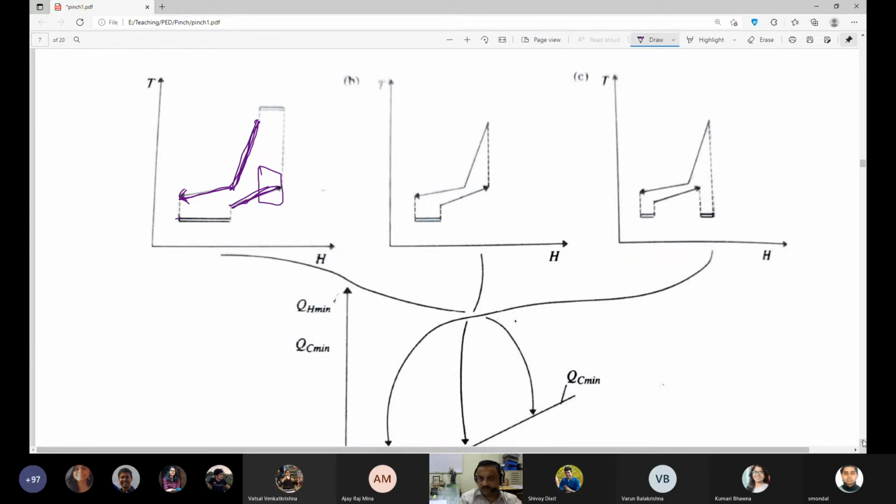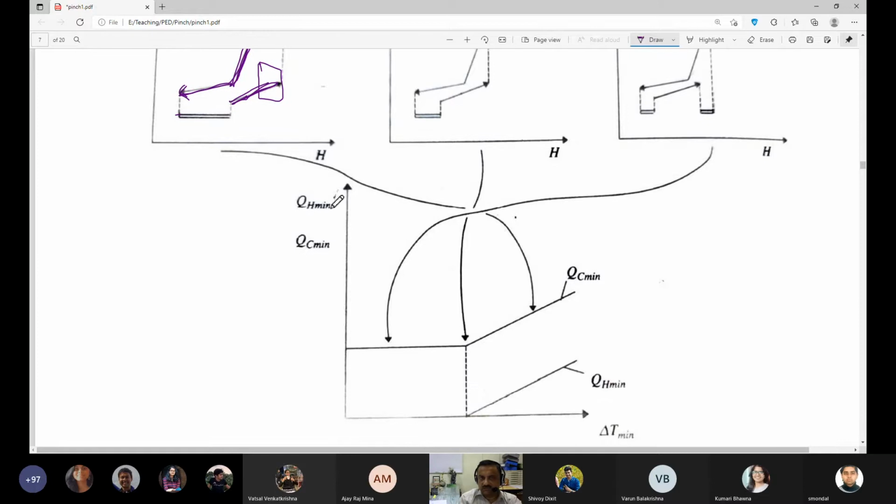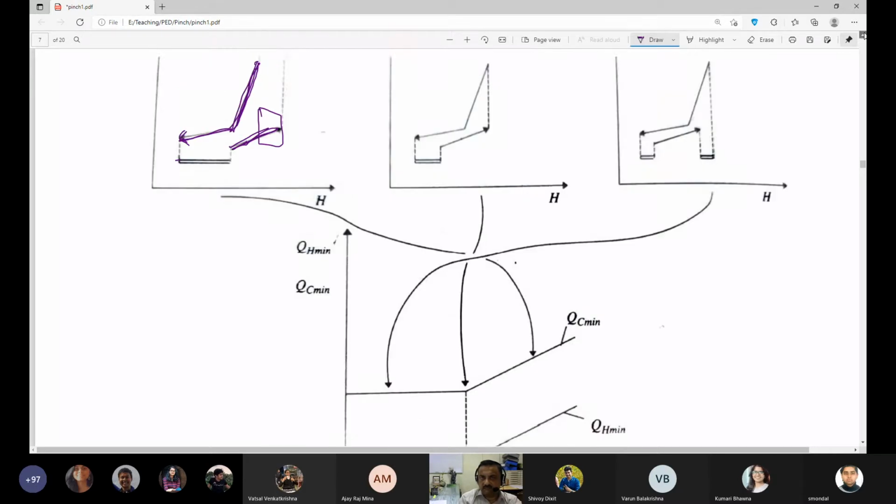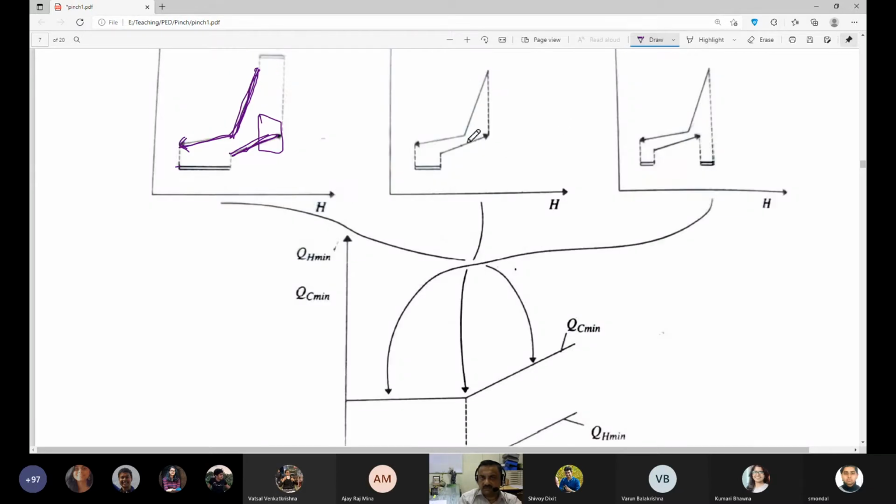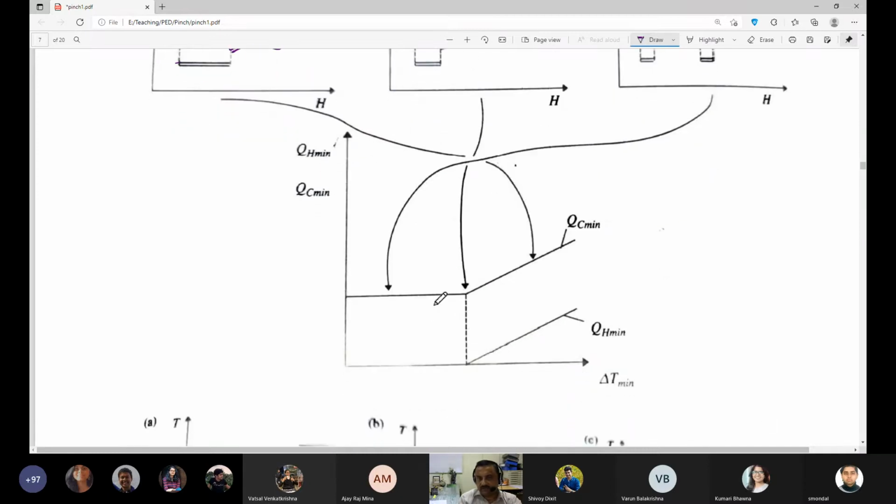So if someone plots these QH and QC that we mentioned just now, you will find that if you continue to reduce delta T mean, suppose this is a situation which gives me a delta T mean, and if you reduce this delta T mean even further, you do not stand to gain anything, because your QC requirement remains unchanged.